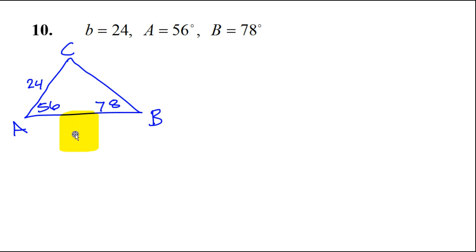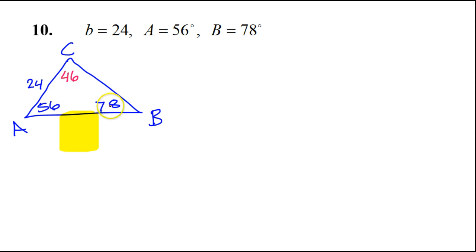But before we can find this missing side, we need the third angle. So we can easily find angle C by subtracting these two from 180. Alright, I got 46 for angle C. Now I can go about finding side C using the law of sines.